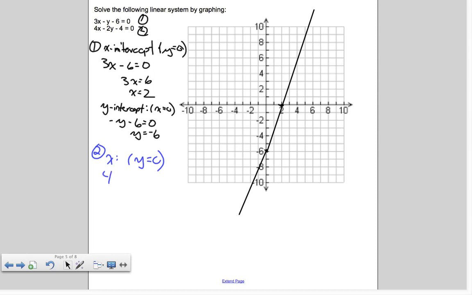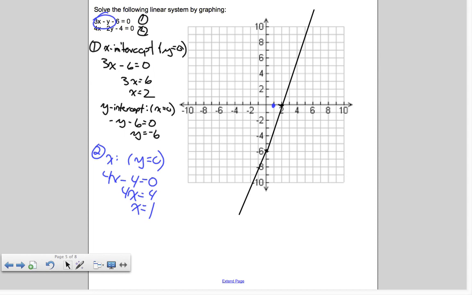So here 4x minus 4 is equal to 0, so 4x is equal to 4, so x is equal to 1. So here. Because over here, when x is 0, I get 0 minus y, I have a negative 1.